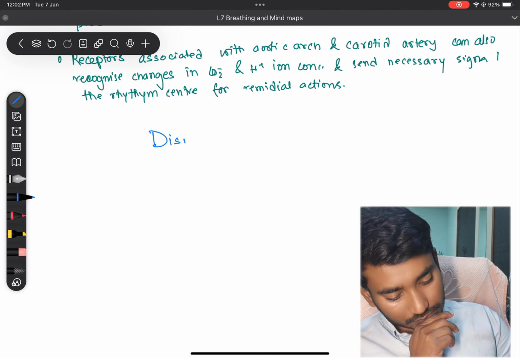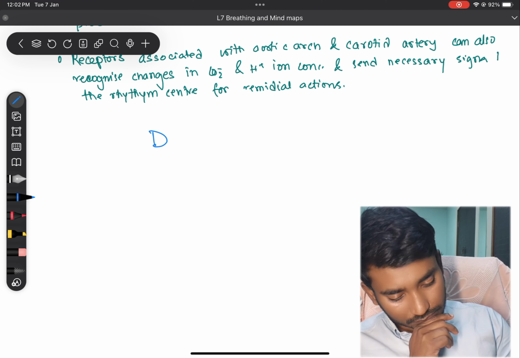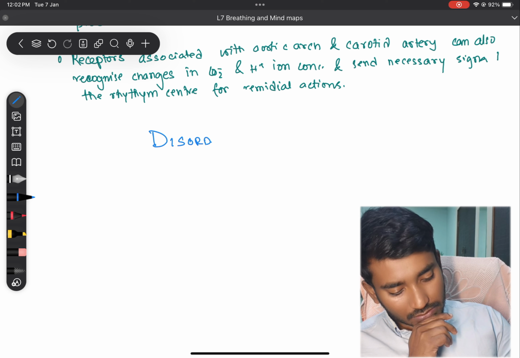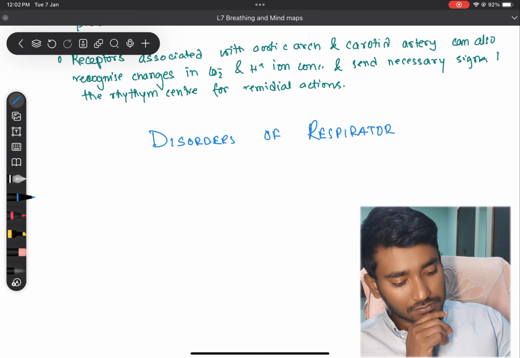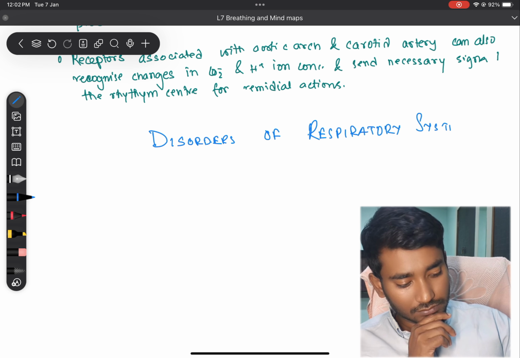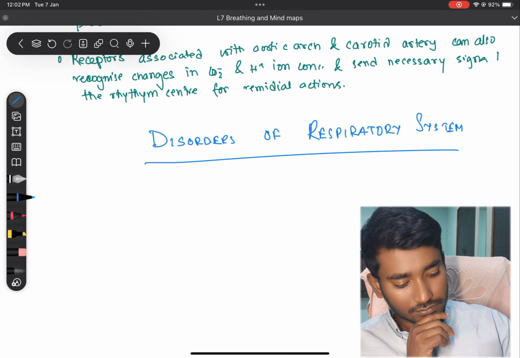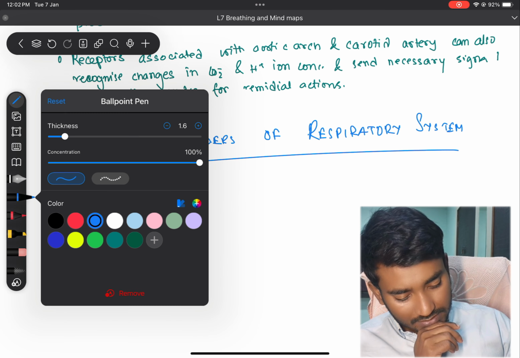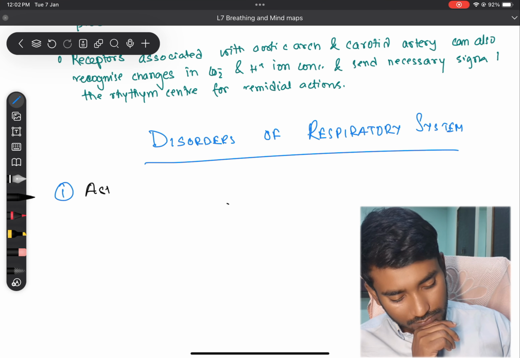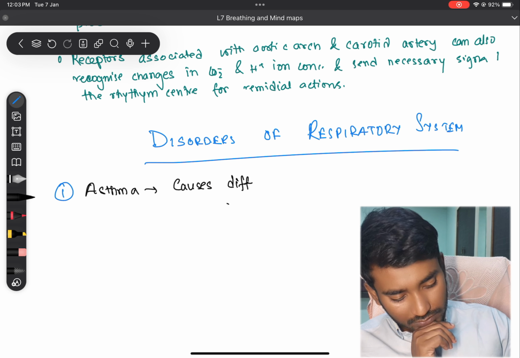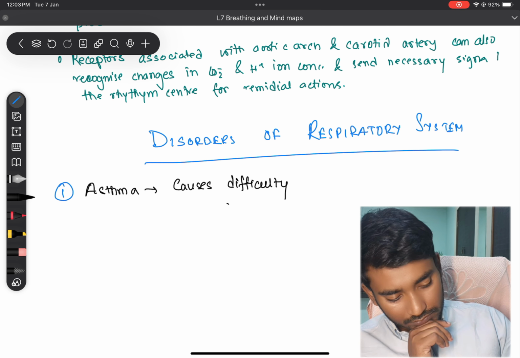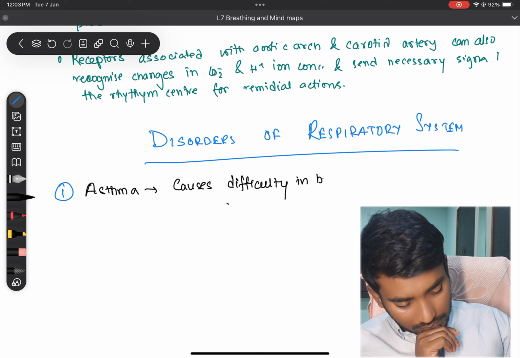Okay, now comes the disorders of the respiratory system. One is asthma, which causes difficulty in breathing.